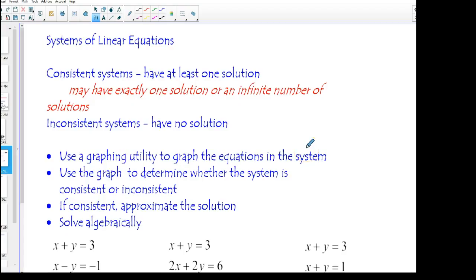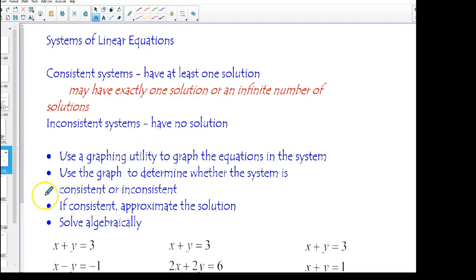Let's bring our focus back to systems of linear equations. A consistent system has at least one solution. It may have exactly one solution, or it may have an infinite number of solutions. An inconsistent system, on the other hand, has no solution.